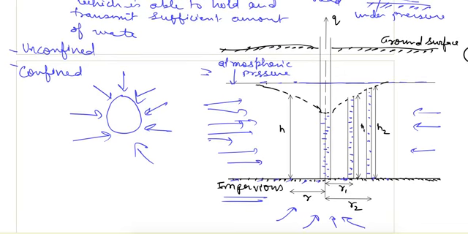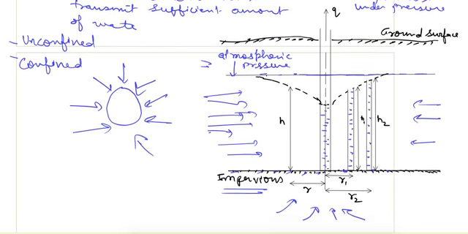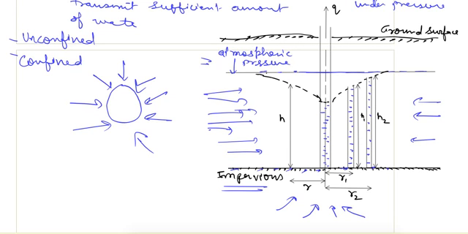Now depending upon these assumptions, we can go for the formula derivation. First of all, pumping will start from the pumping well, and there are at least two observation wells from which the value of head is determined. The value of water head is checked in these two wells.